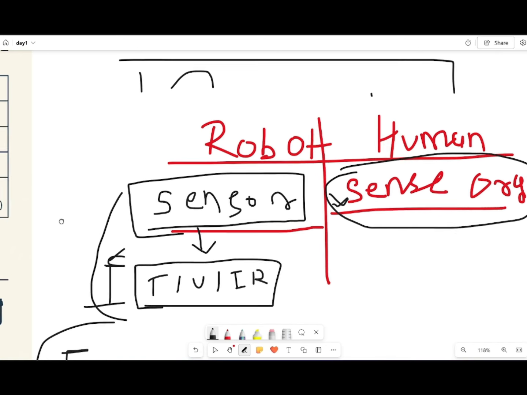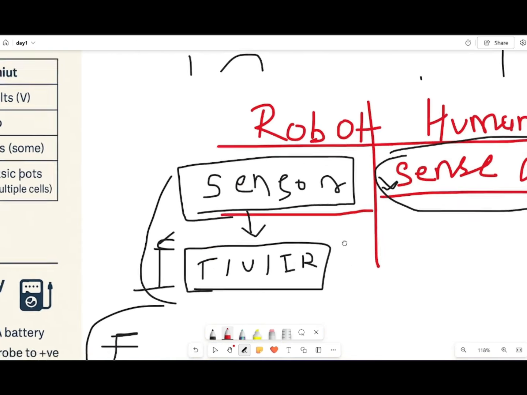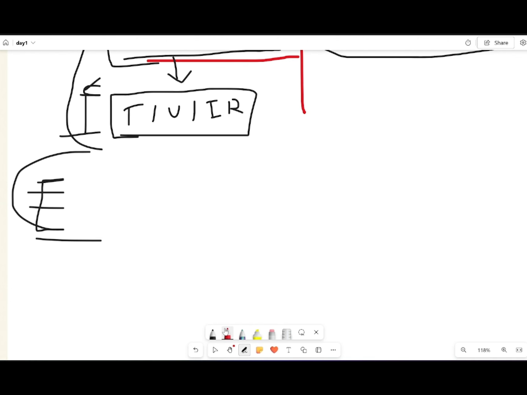Clear? And the second thing, we have the processor, like our brain. In a human body we have our brain. When our sense organs sense anything, they send the signal to our brain.